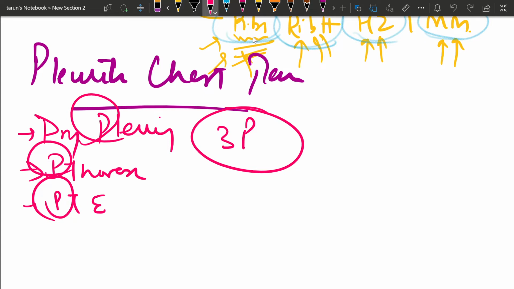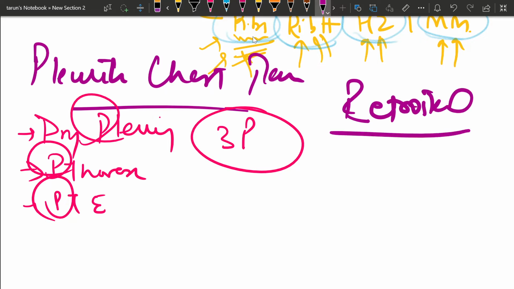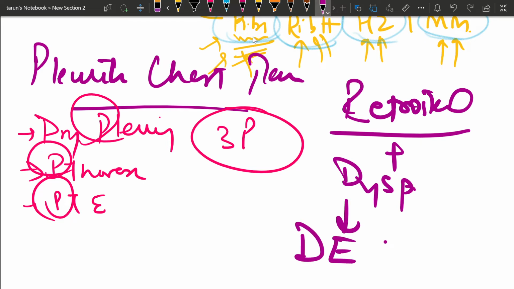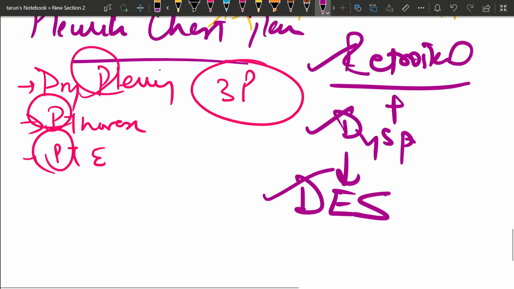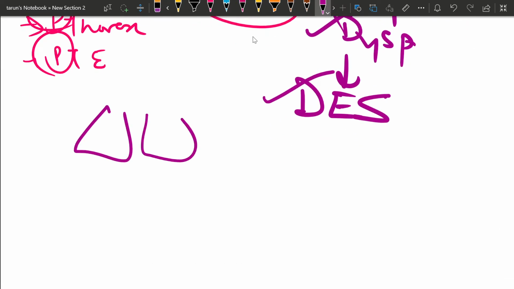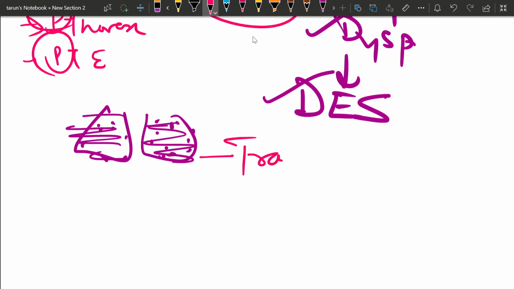Then retrosternal chest pain, about the character. We have discussed various causes, but retrosternal chest pain with dysphagia is seen in diffuse esophageal spasm. Another cause: if you are getting diffuse chest pain with tenderness all over, this could be due to trauma.